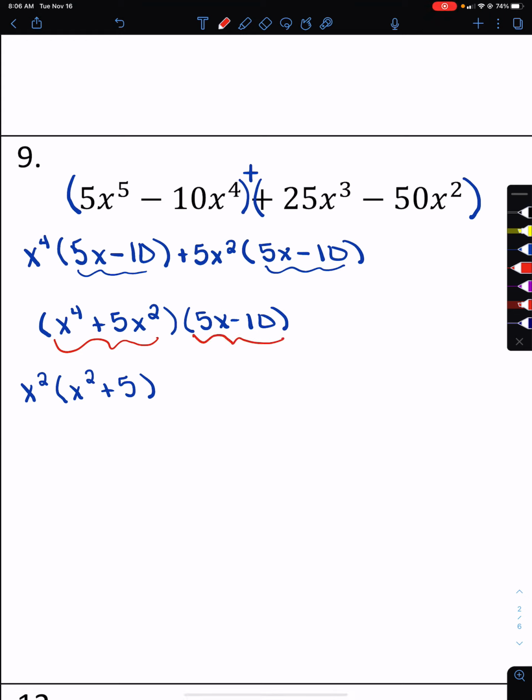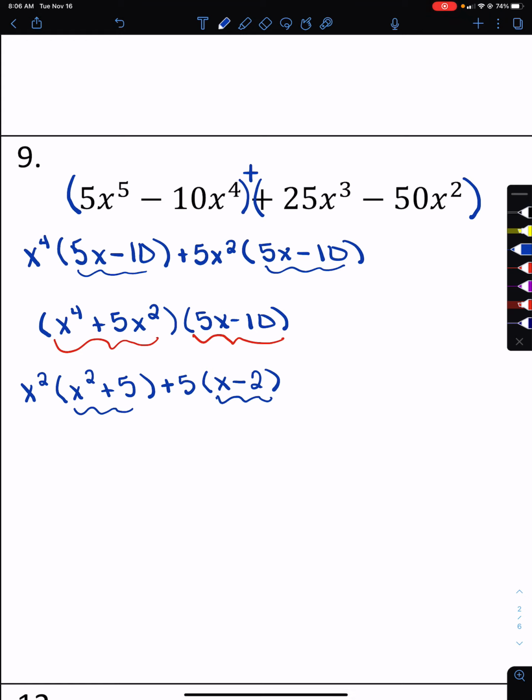Looking at this factor, I can still factor out a positive 5. And then I'm left with x minus 2. When I look at these, though, the inside doesn't match.